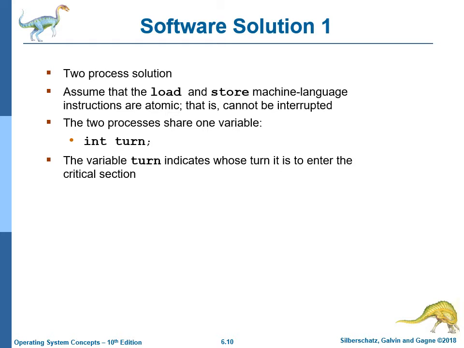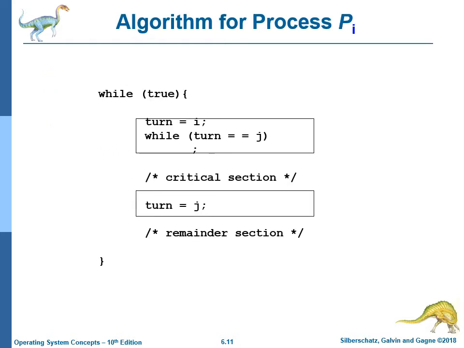And these two machine functions ni kita akan share gunakan satu variable dipanggil turn. Turn ni akan indicate siapa the next process yang akan enter the critical section. Okay, so this is the algorithm lah.